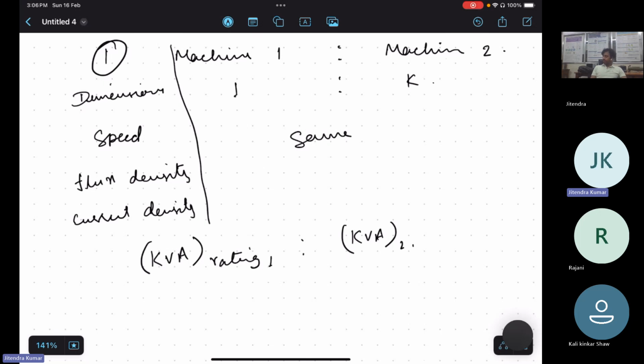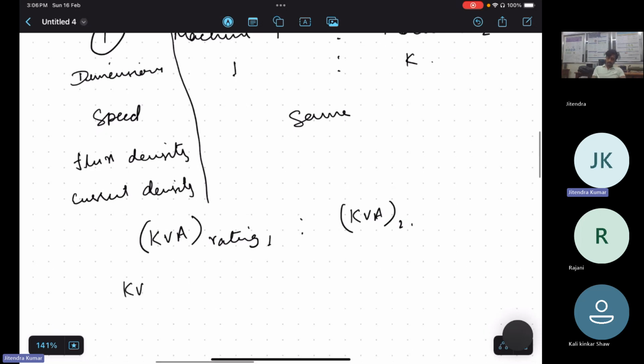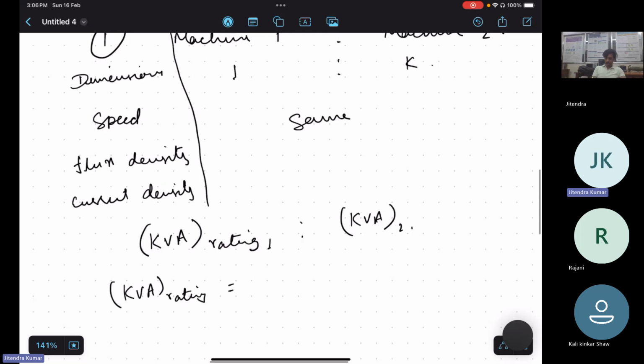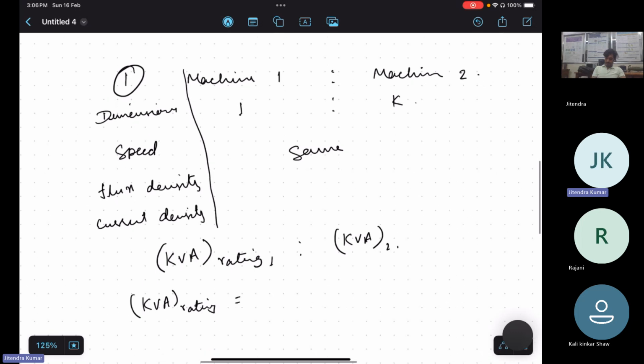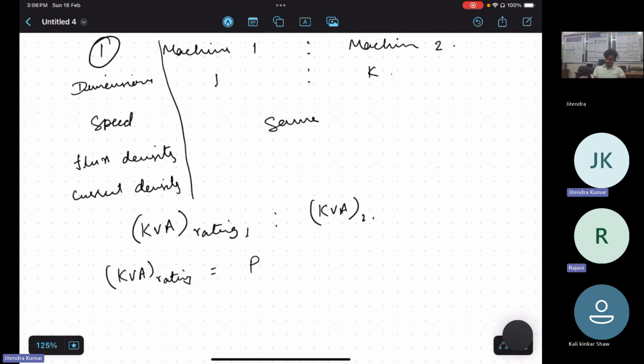Can we find out? So what is the kVA rating of the machine generally? Input power divided by power factor, right?